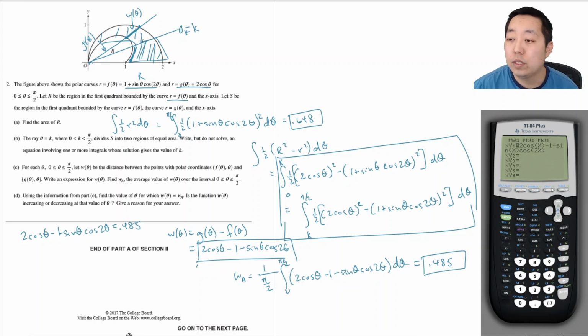Okay, and I want to graph, and I'll probably want to affect the window a little bit. So I want to know when it's equal to 0.485, right? Calculate.